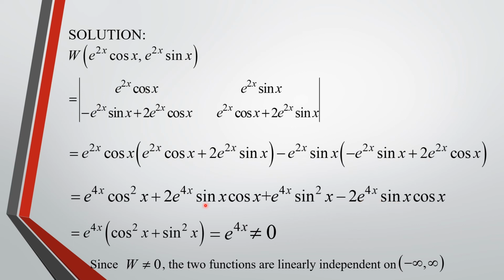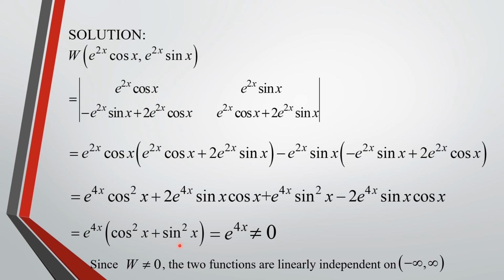And you notice that these two terms cancel, and we are left with e to the 4x cos square x plus e to the 4x sine square x. Notice that these two have a common function e to the 4x, so we factor out e to the 4x. What's left in the bracket will be cos square x plus sine square x.